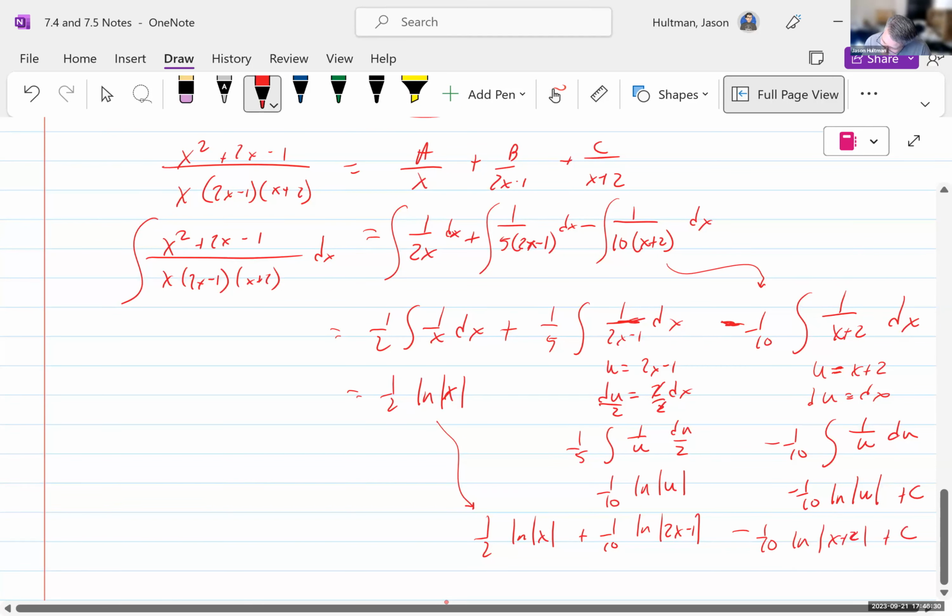This is expanded form. You could also put it in its condensed form if you want. How could we do that?